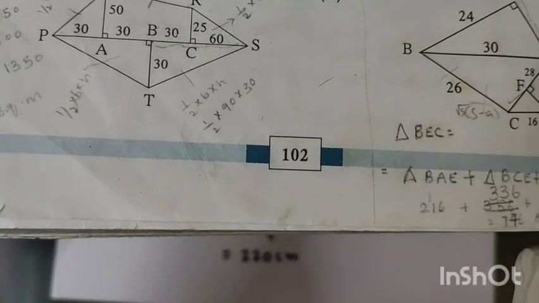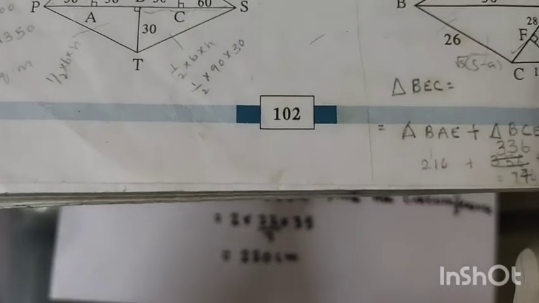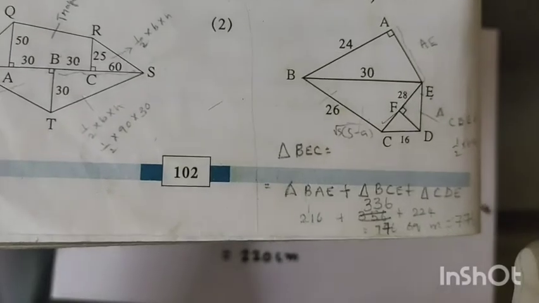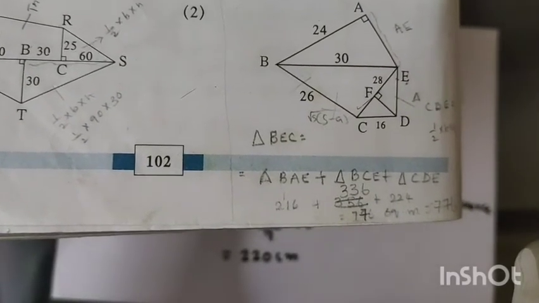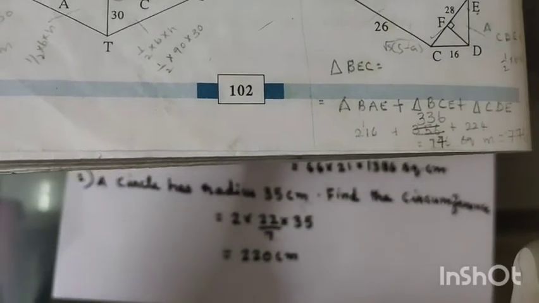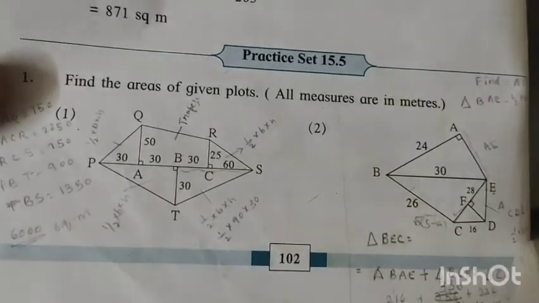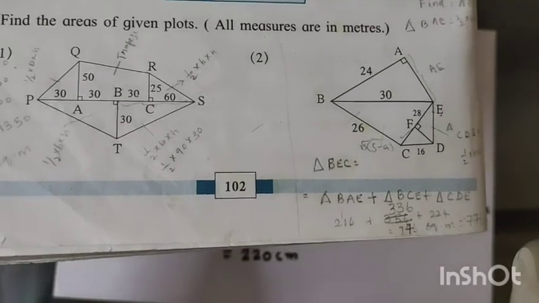Here also you can use the formula half into base into height. And the next one also is a triangle, PBTS. Here also you can use the formula half into base into height. So these are the formulas.